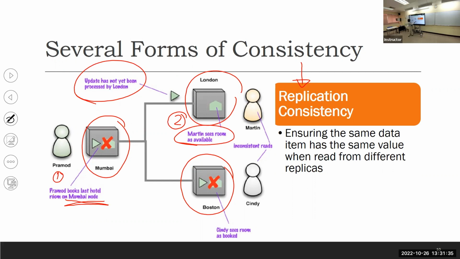But if the propagation arrives, but not to every node, right? The synchronization and replication, of course, takes time from node to node. In Boston, this propagation already takes place. Cindy sees that the room is not available, so this is good. But now, this is also a problem. Inconsistent reads. Two users read the same data from different places, but see different values.